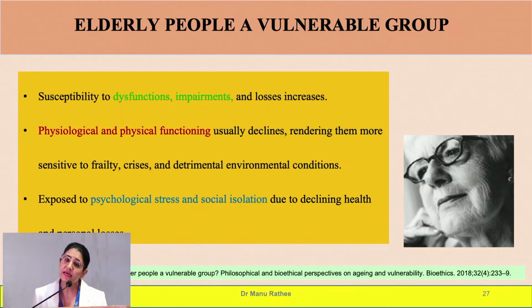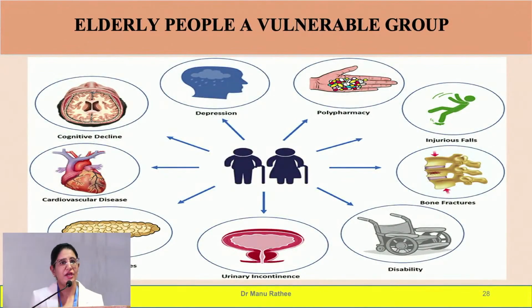Because there is susceptibility to dysfunction and impairment, and losses increase in this age group. There is a decline in physiological and physical functioning. They are exposed to psychological stresses and social isolation due to declining health and personal losses. These are a few factors which don't exist in the adult age group that make them a vulnerable age group.